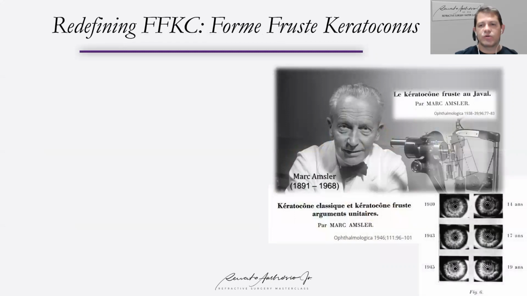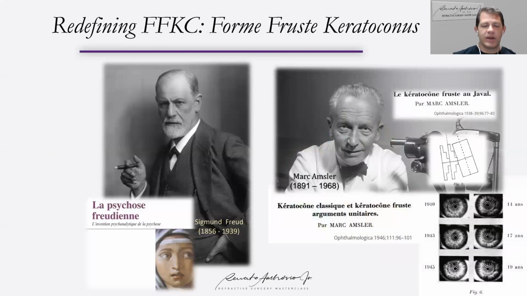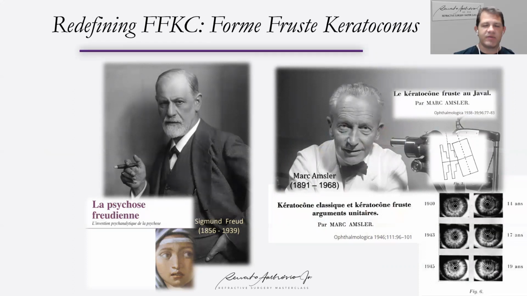Forme fruste keratoconus was defined as an incomplete and abortive form of the disease by Amsler 50 years prior to topography being available. Forme fruste is also used in other medical terms, like forme fruste psychosis by Sigmund Freud.